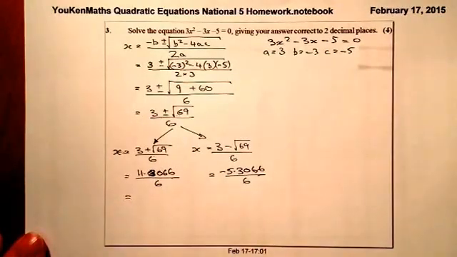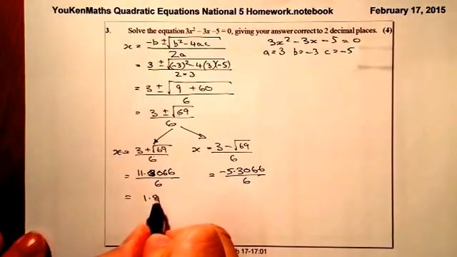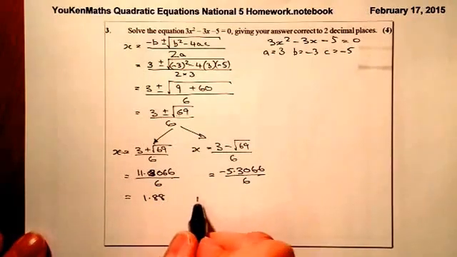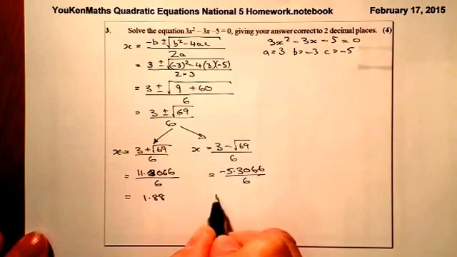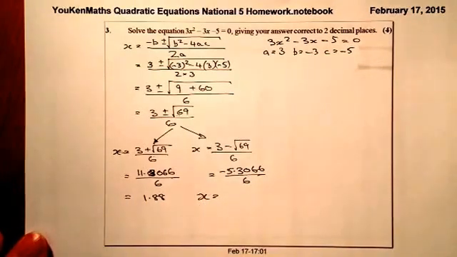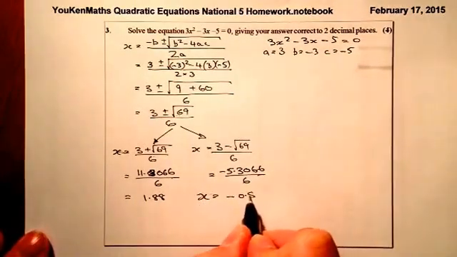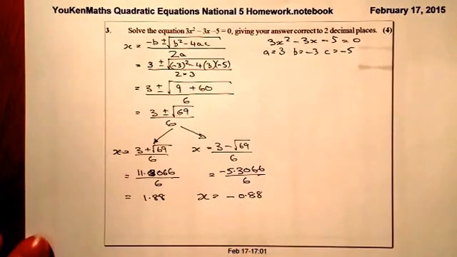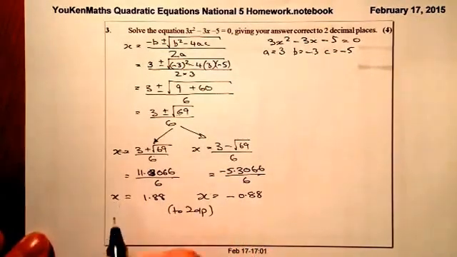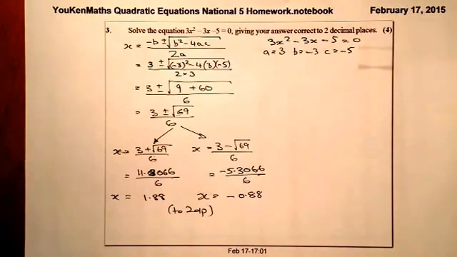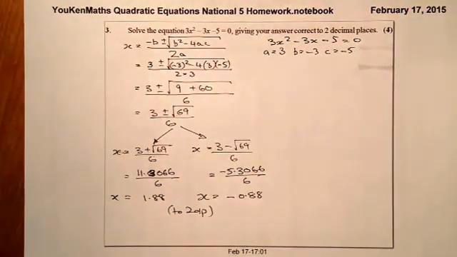When I divide that out, what I should get is 1.88. And over this side, x is equal to minus 0.88. So there's my two answers, to two decimal places. So that's the way I could work that one out at first.